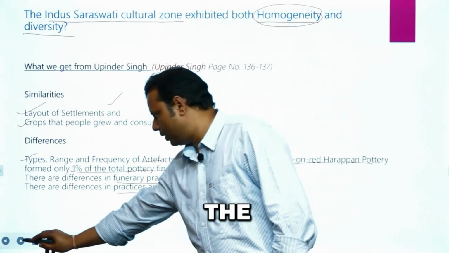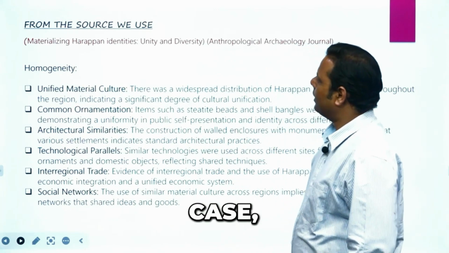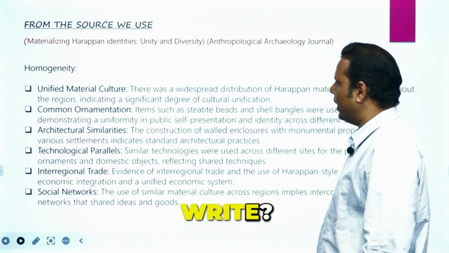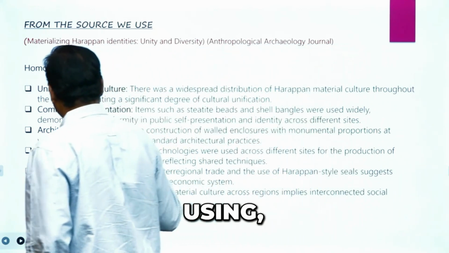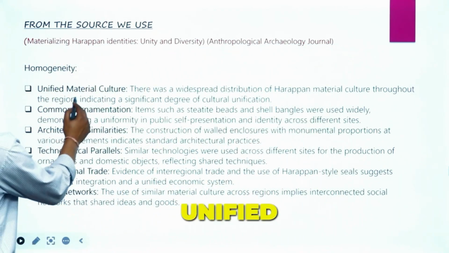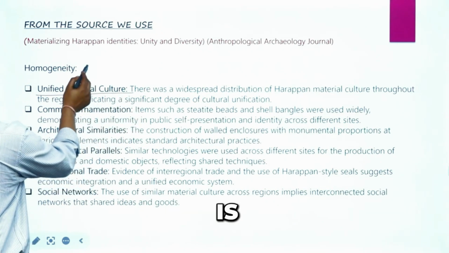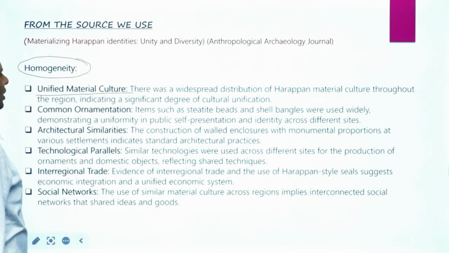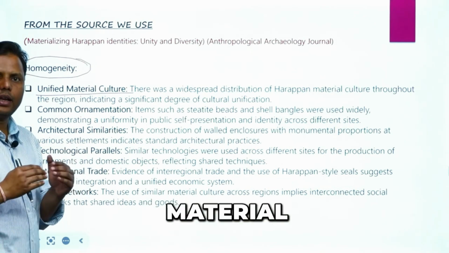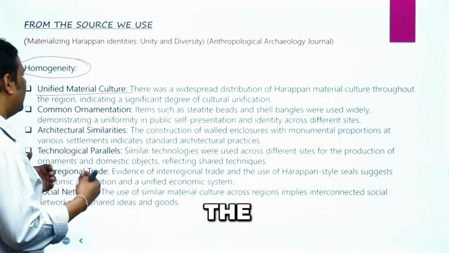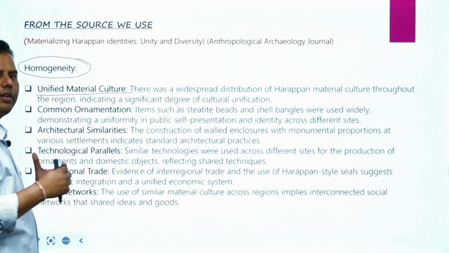But if you go for alternative sources, how many points can you actually write? For homogeneity, from the source I have been using, we can talk about the unified material culture, meaning the widespread distribution of Harappan material culture throughout the regions, indicating a significant degree of cultural unification.